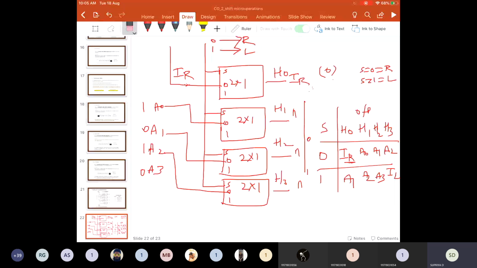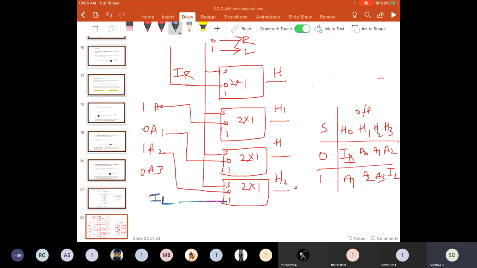And now let us see the 1. That is how we are going to perform shift left operation. In order to perform shift left operation, to this fourth multiplexer we give whatever serial input you want to give, and you will be getting the same at H3 position.